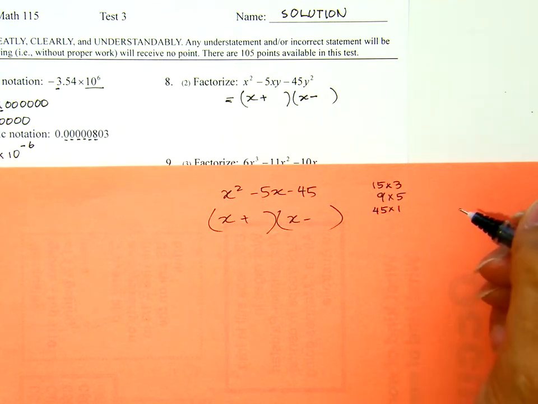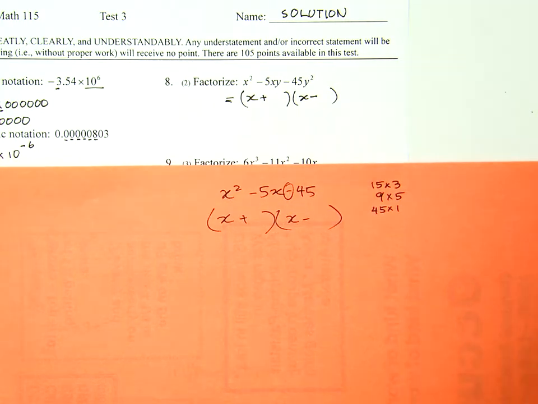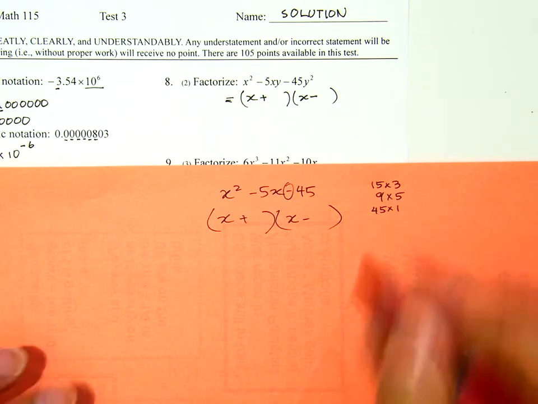Okay, anything else? Any two numbers whose product is 45, yet the difference is 5? There's nothing. Notice that we cannot factorize this in any way. So in this case, this is not factorable.